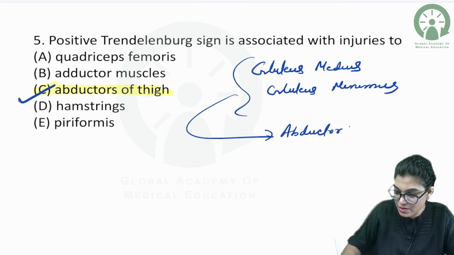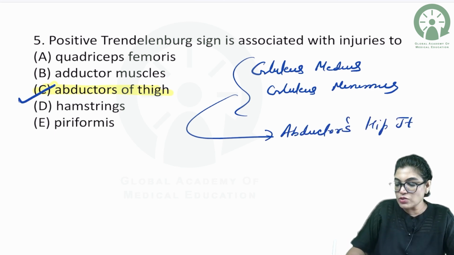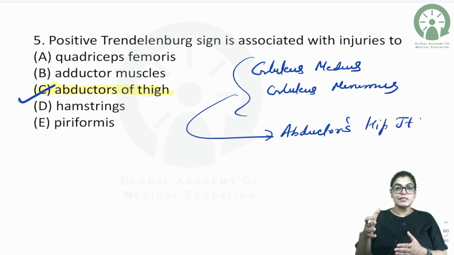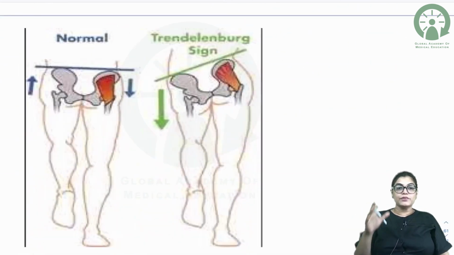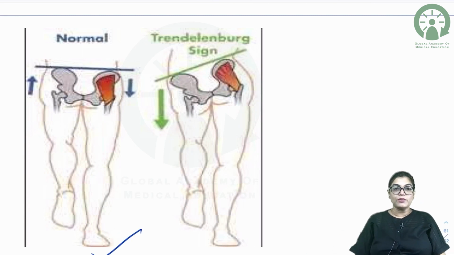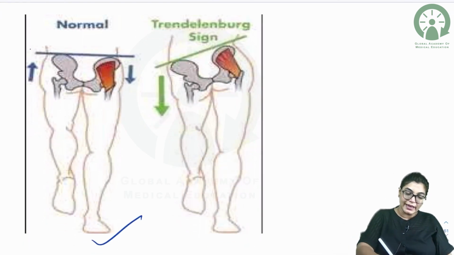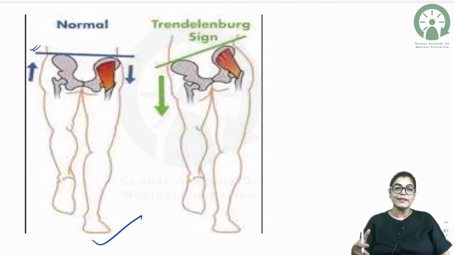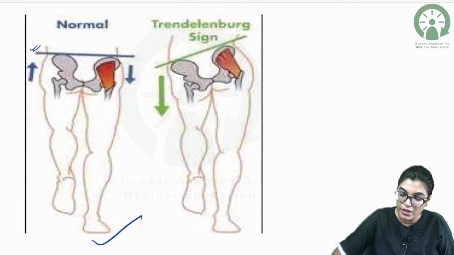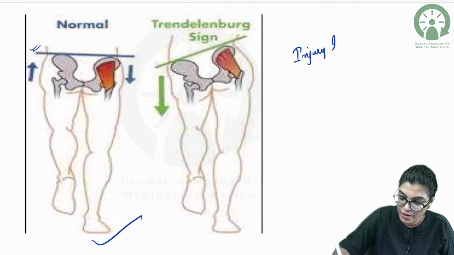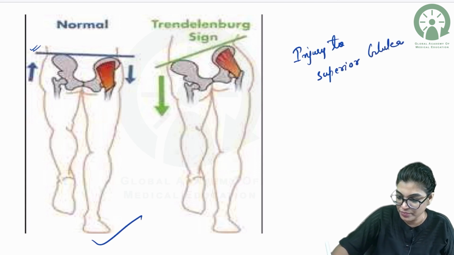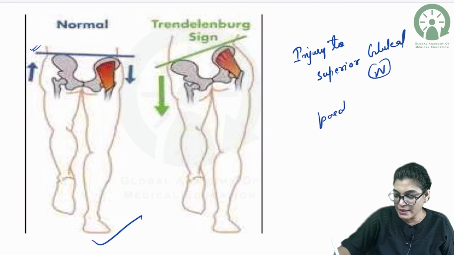They are also involved in supporting when a person is standing on one leg. See this diagram. In normal condition, when you stand on one leg, the other side of the hip is slightly raised up and supported by the contralateral gluteus medius and minimus. In injury to superior gluteal nerve, there is paralysis of gluteus medius and minimus.